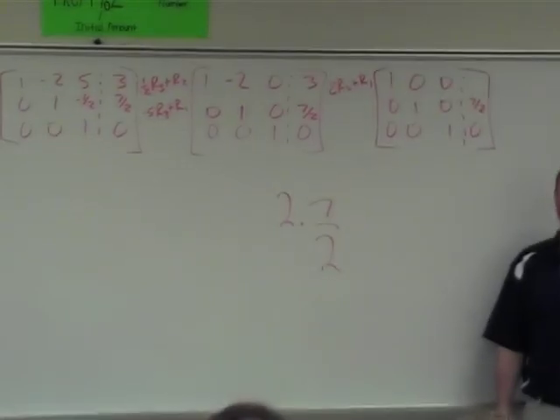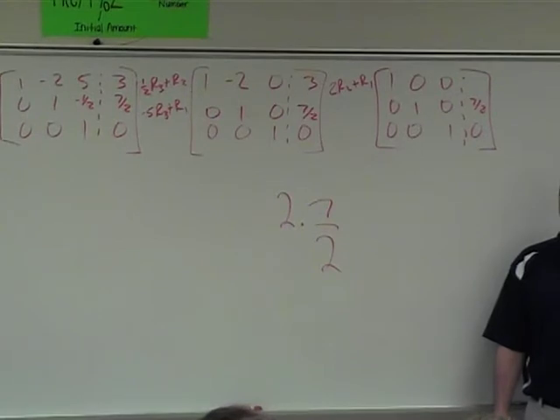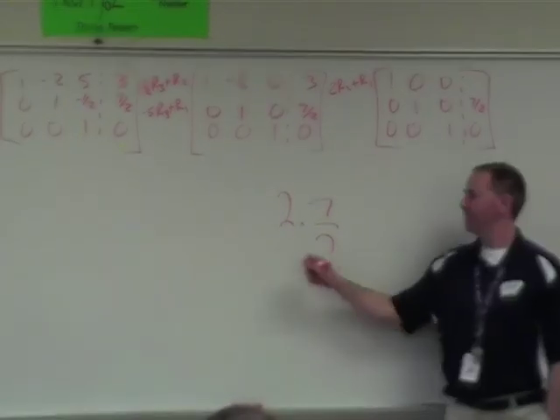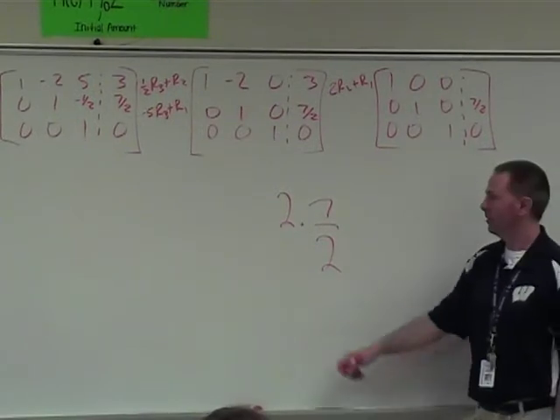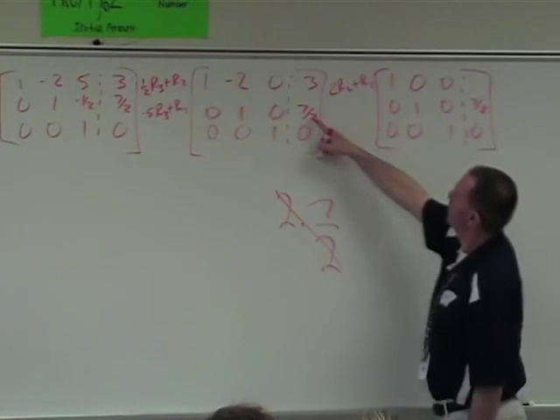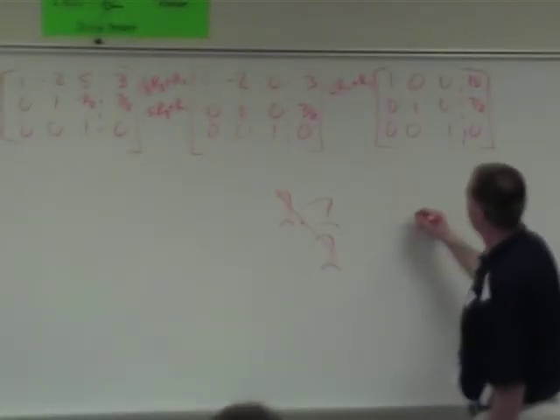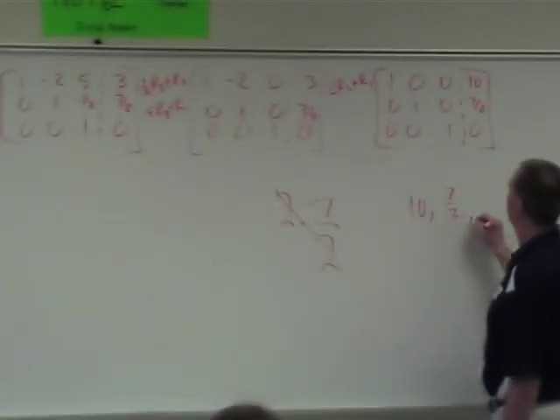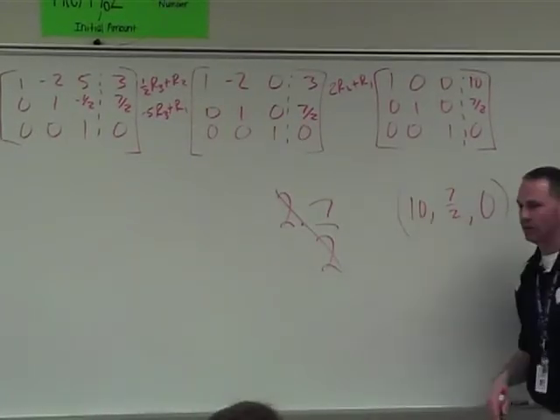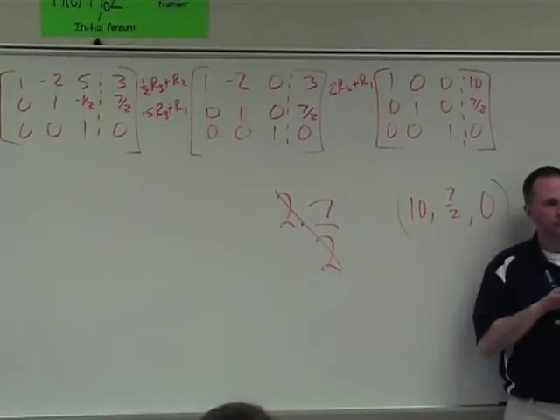Abby is going to show us how smart she is. You got this, Abby. Yeah. 2 times 7/2 plus 3. So 7 plus 3 is 10. There's your answer. Good job, Abby.